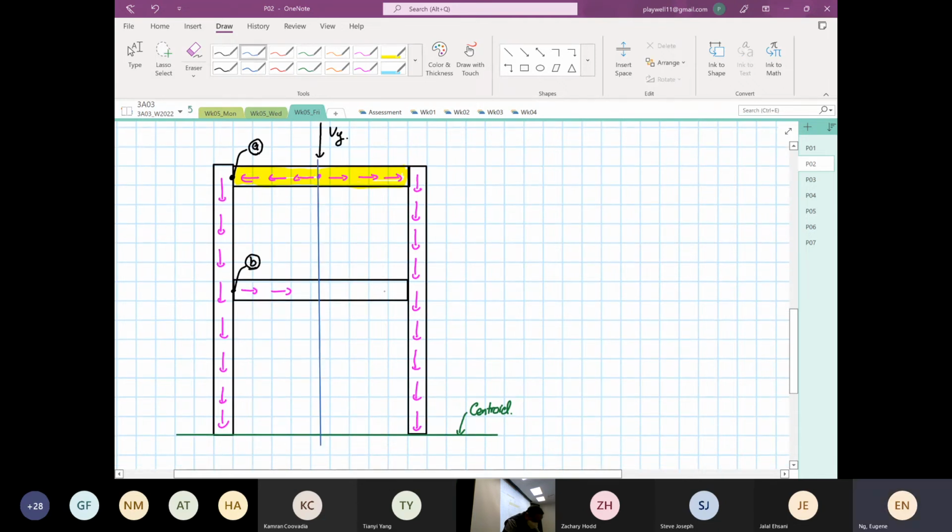So now this is coming in this way, and then it meets down here. So at point B, what is the first moment of area?